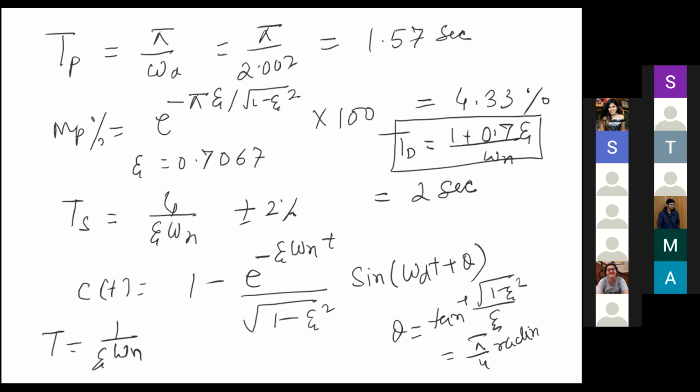But I assume that all of you have knowledge about block reduction diagrams, because, for example, I'm going to give you one block which consists of a number of different blocks. First we are going to find the transfer function using the block reduction technique, and then we are going to calculate the time response and steady state error. Now, if you have any question, please ask me.